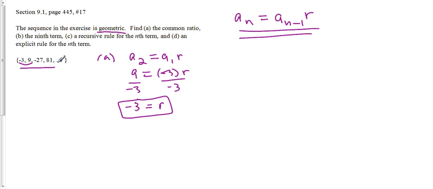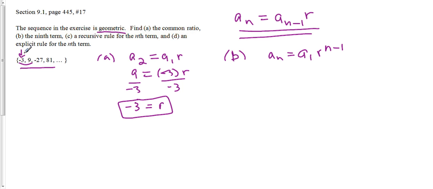Now, we could multiply that out, or we could remember the explicit rule that we just derived in the previous video. That expression, if I remind you, is a_n equals a1 times r to the n minus 1.